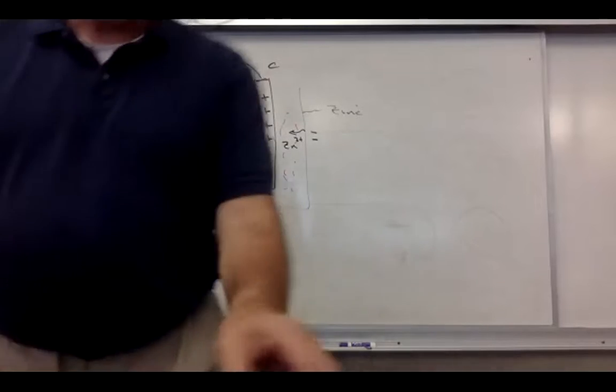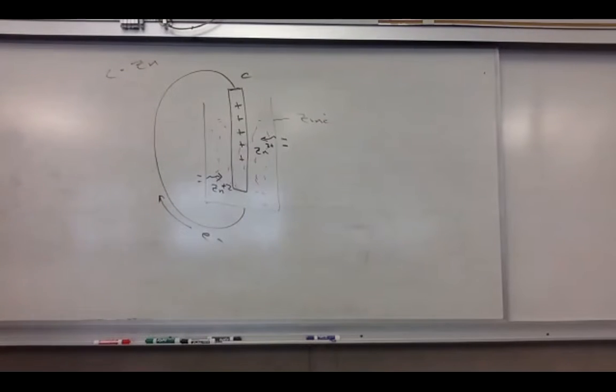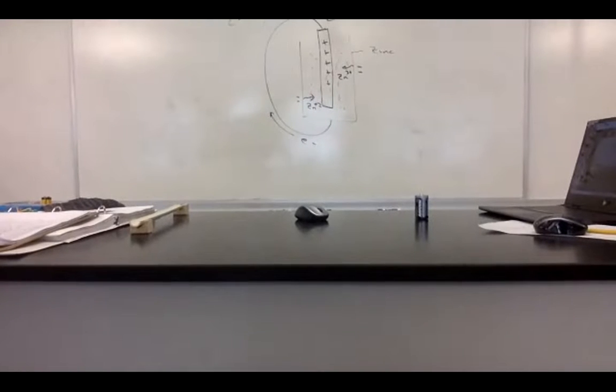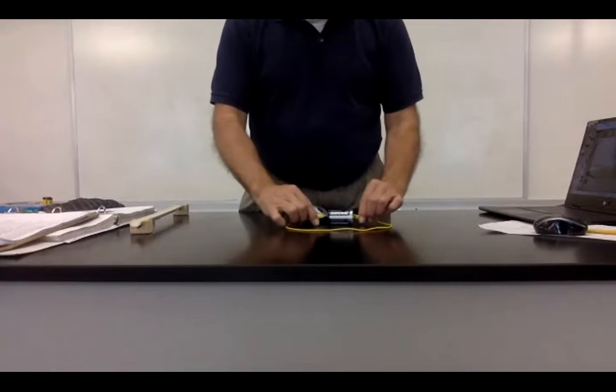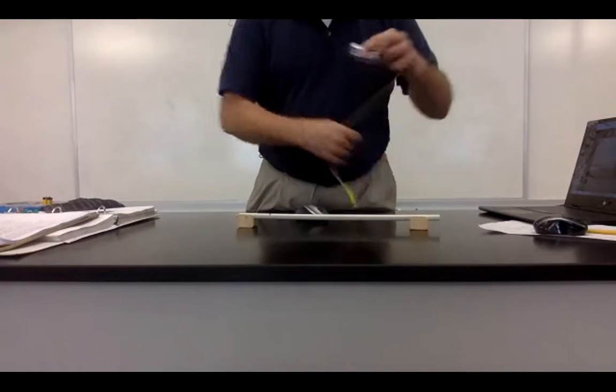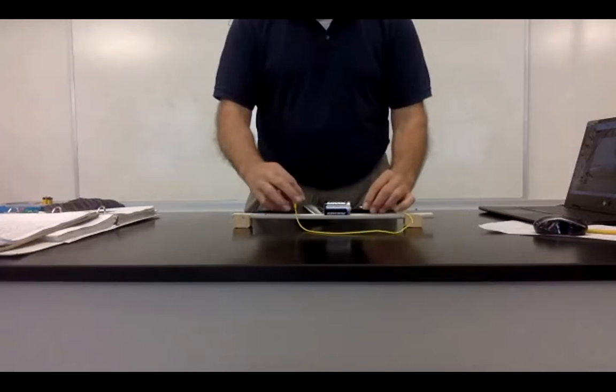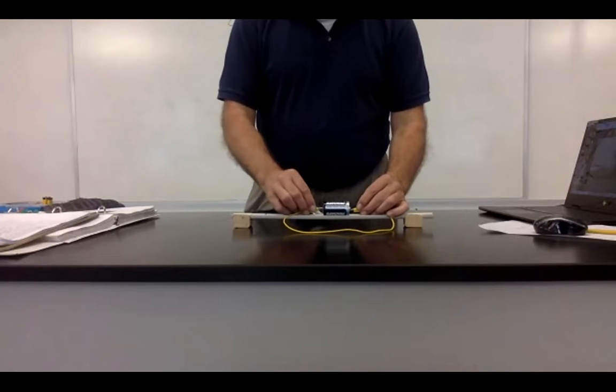And that's what's going to happen when I connect this with a wire like this. I'm going to use this little trough thing to help me support it like that. Now electrons are going to move, but that's not really doing anything for me.